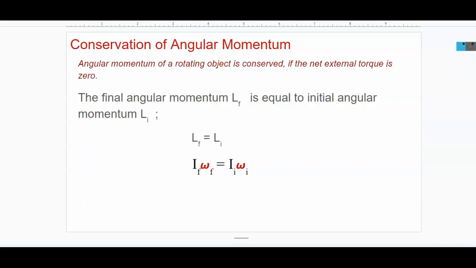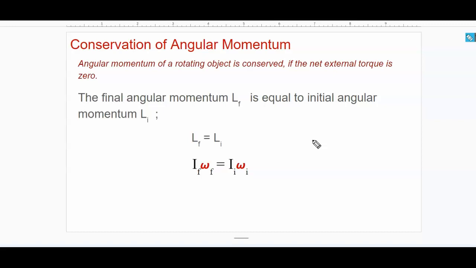Okay, and so there's not a lot of situations where you are just calculating angular momentum, but one of the key concepts in this unit is what's called conservation of angular momentum. We've actually seen conservation laws before. We saw conservation of mechanical energy last semester. We saw conservation of linear momentum last semester.